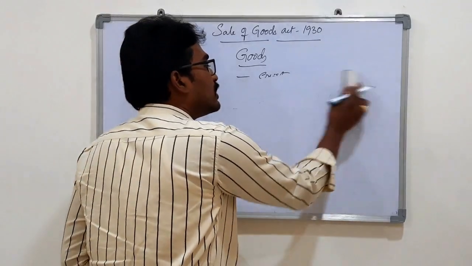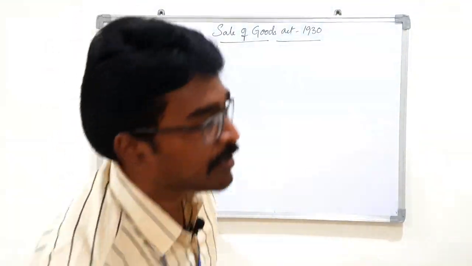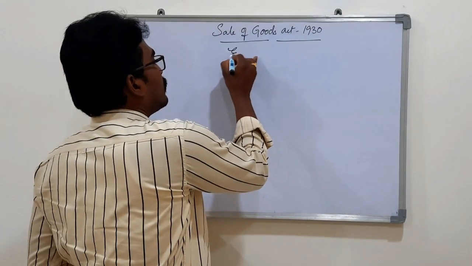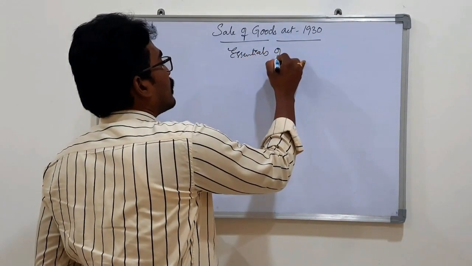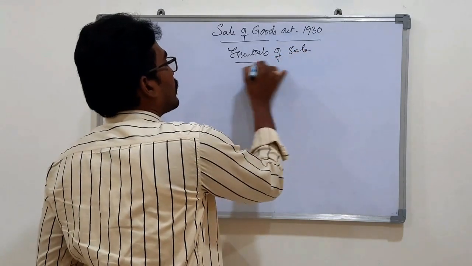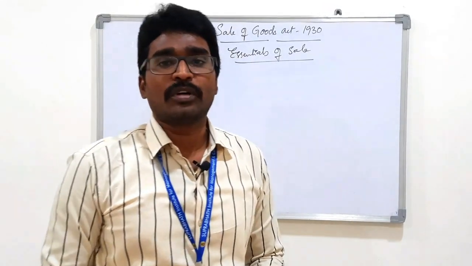Now let us see the essential elements for performing sale of goods. Essentials of sale of goods. What are the minimum requirements or essential elements to perform sale of goods?